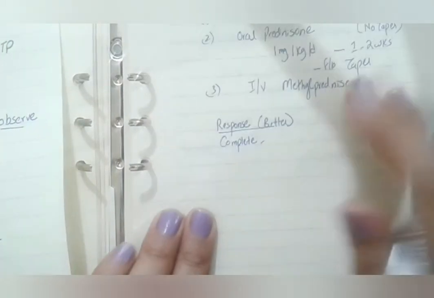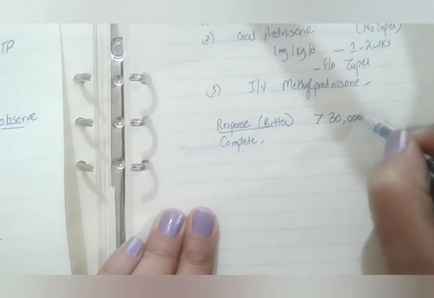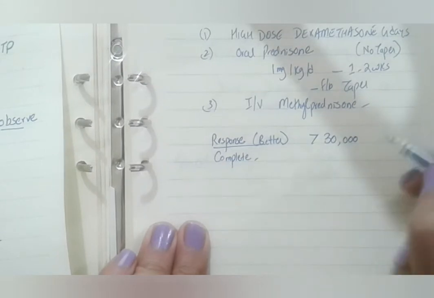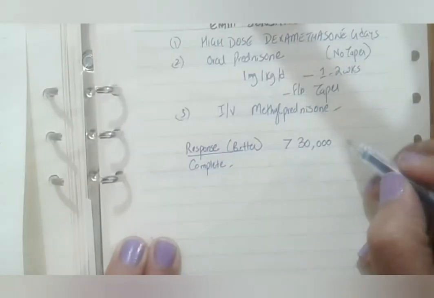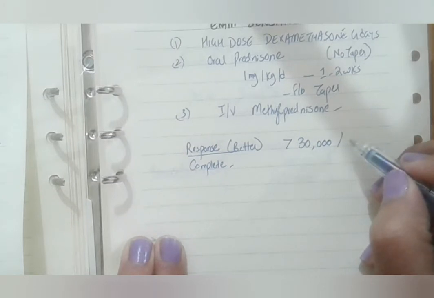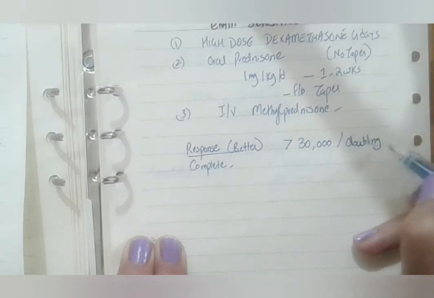What's a better response? When the platelet count rises above 30,000 per microliter, or at least there's a doubling of the baseline platelet count. Like if it's 10,000, then a doubling has occurred, and now the new platelet count is 20,000.